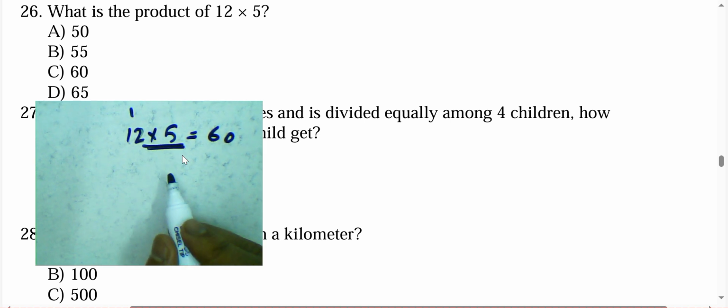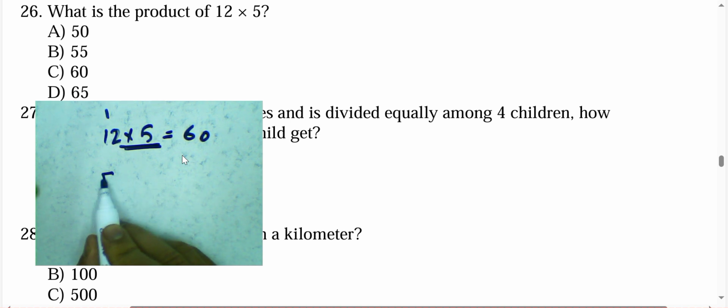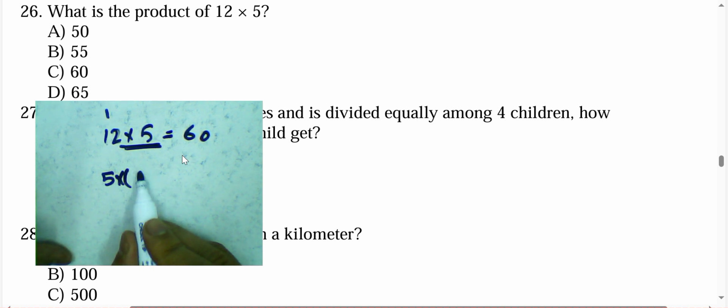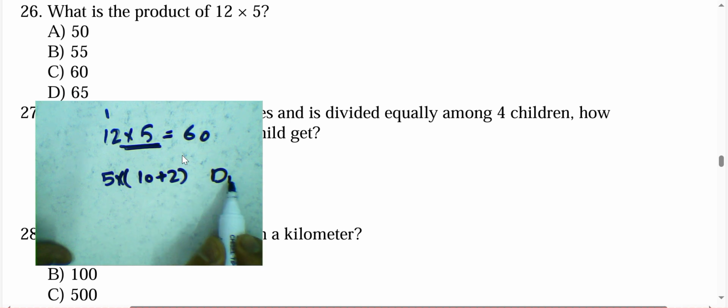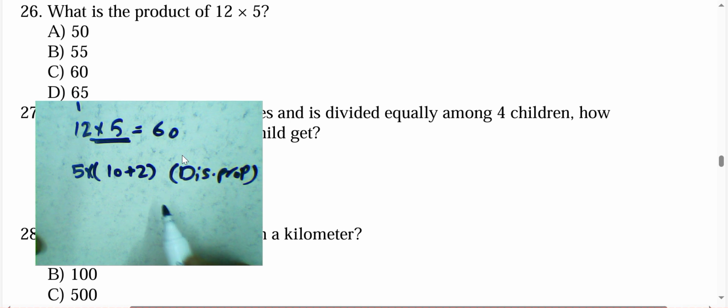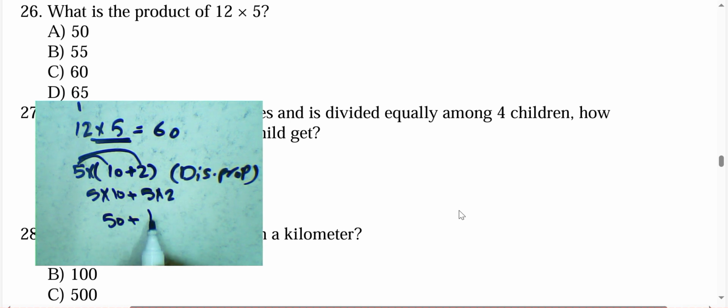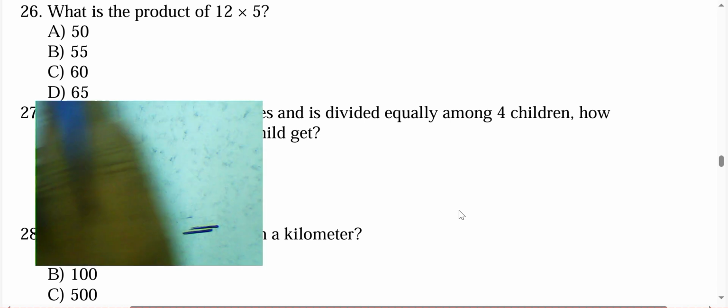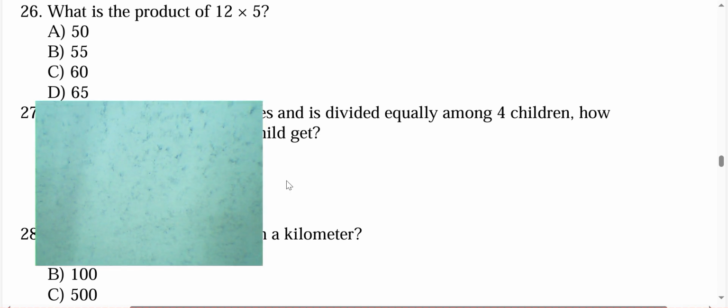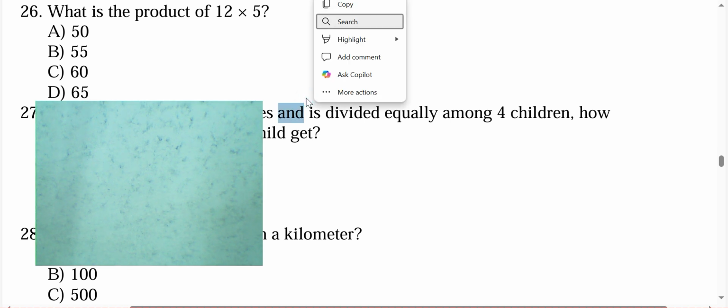You can use this method or another method by writing 5 times 12, where 12 equals 10 plus 2, and using the distributive property. To find the result, you must write 5 times 10 in the first step, plus in the second step 5 times 2. 5 times 10 equals 50, and 2 times 5 equals 10. The result will be 60, the sum of the two results. So the result will be 60, okay? Next question.